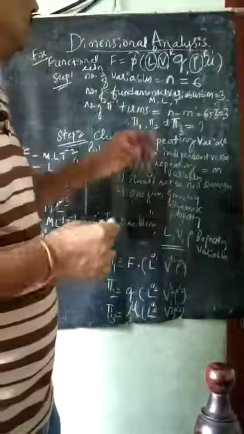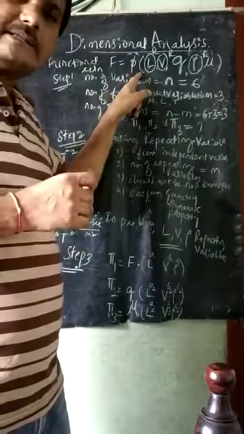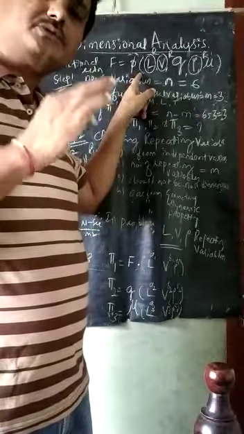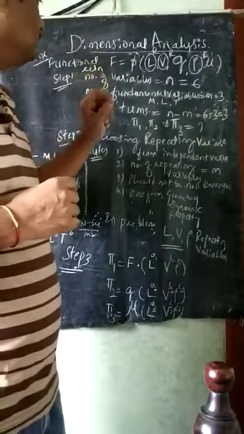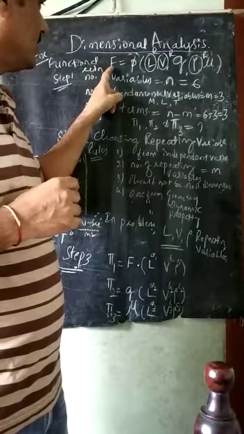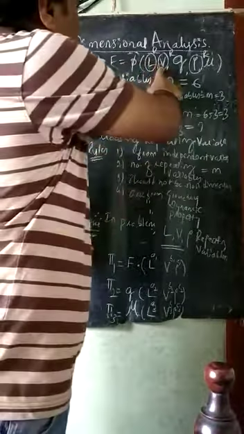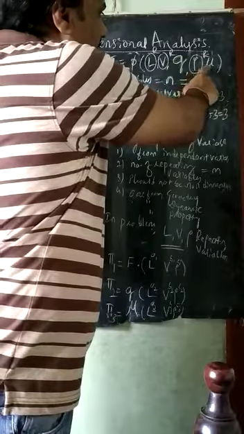This is the one example we have taken to explain the procedure of the Buckingham Pi theorem. In this physical problem, force F is the dependent variable. It depends on the length, velocity, gravity, density and viscosity.